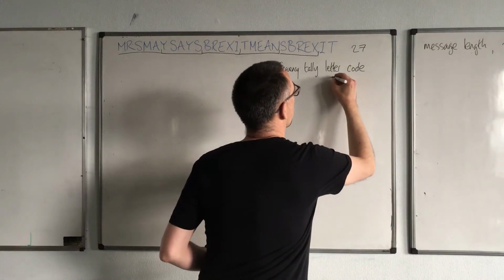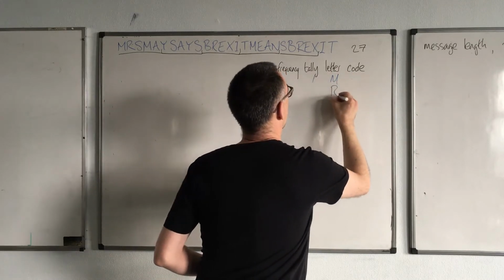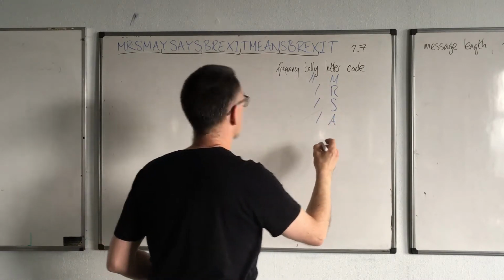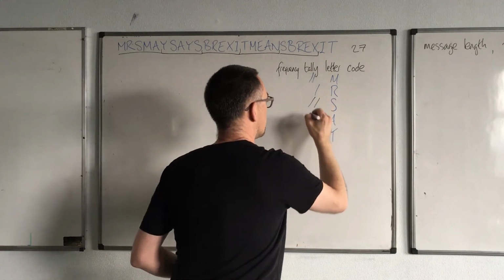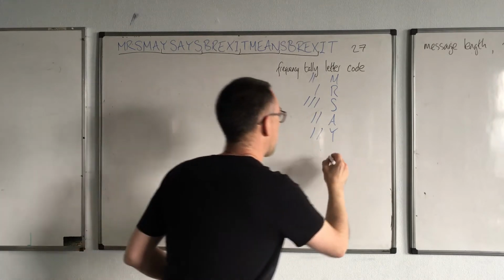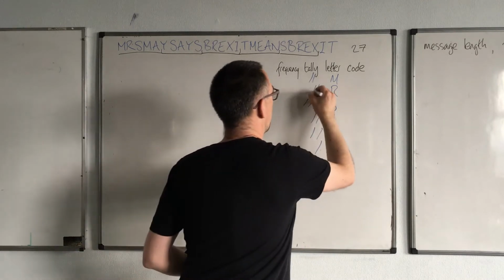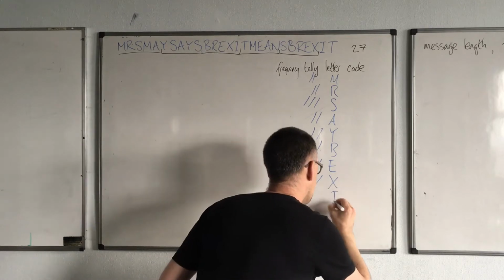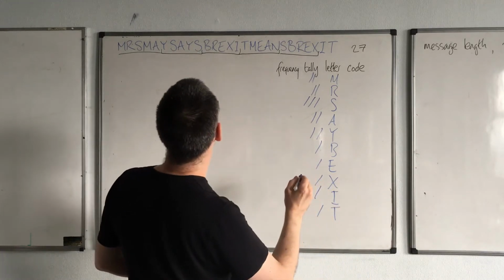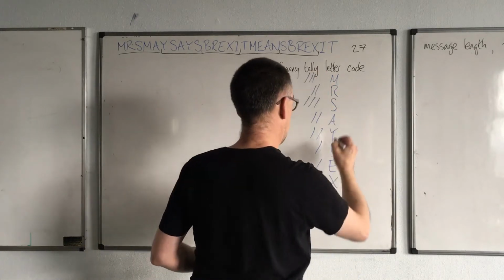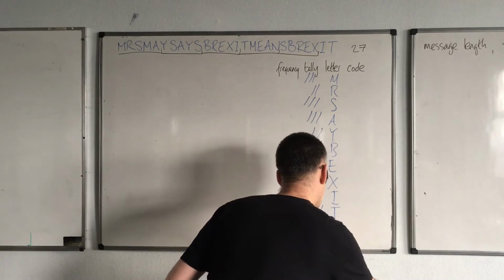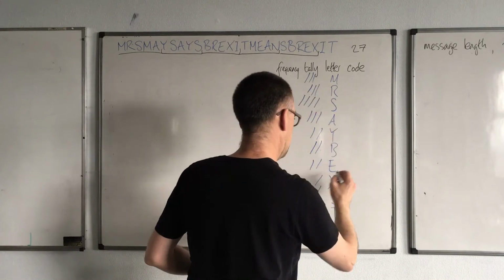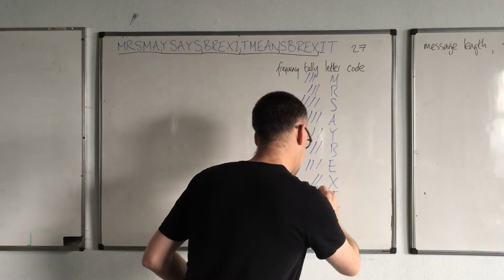So we've got an M, an R, an S, another M, an A, a Y, an S, an A, a Y, an S, a B, another R, an E, an X, an I, a T, another M, E, A, N, S, B, R, E, X, I, T.